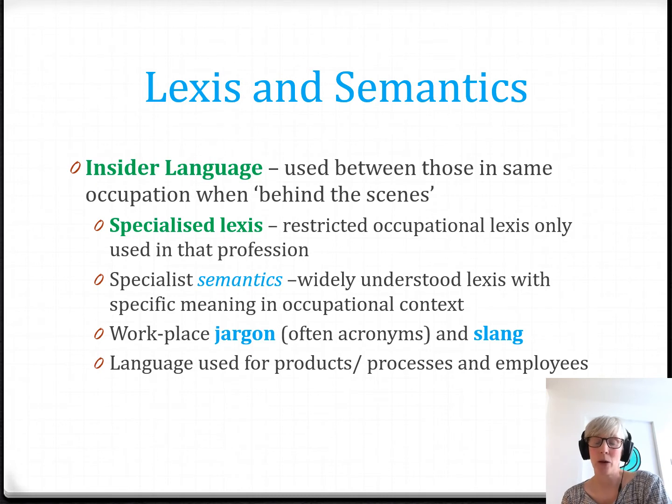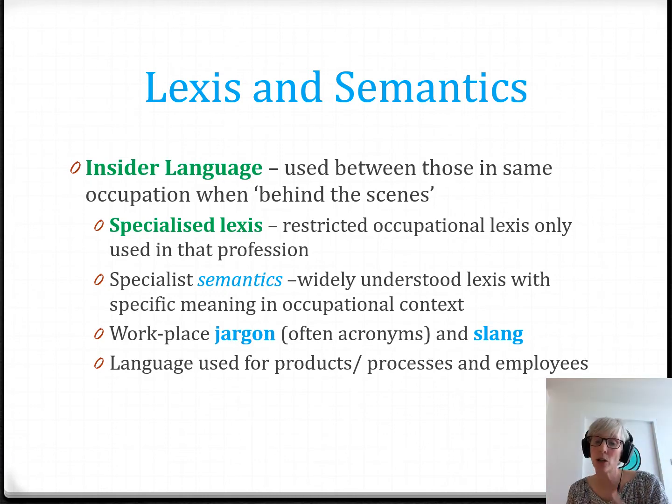Jargon and slang. Now I appreciate we were talking about this in the other class: what is jargon? What is slang? What we have is a sliding scale of formality. Specialised lexis is formal. Slang is very informal. Somewhere in the middle is jargon. And it is a judgment call.